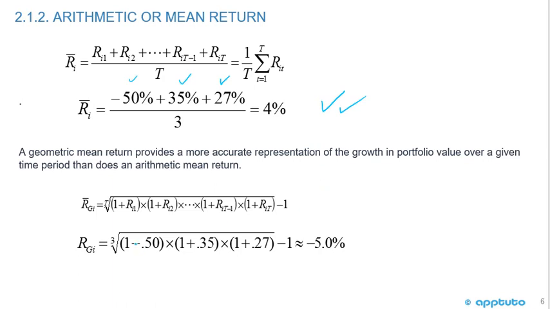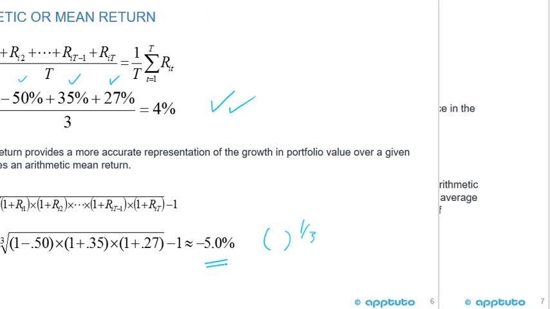If we calculate the geometric mean return, though, it's 1 minus 0.5 times 1 plus 0.35 times 1 plus 0.27 to the power of 1/3, or the third root, and we get actually a geometric mean return of negative 5%.